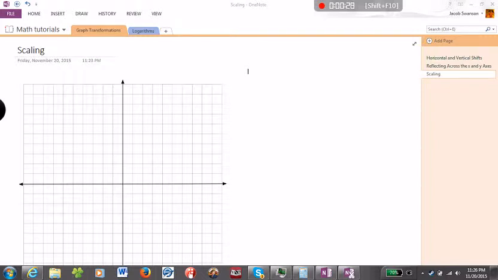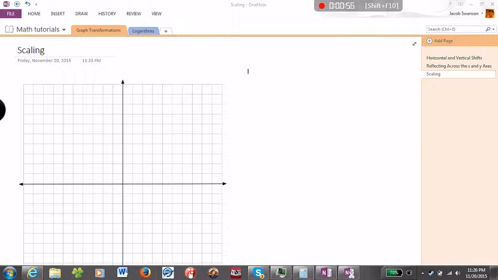In my opinion, yes, it does transform the graph, but in all honesty, if you're going to do the scaling, it's probably going to be in the function already. But it's important to know how the scaling works, just so you have an idea of what to expect. So, scaling is best seen in a parabola.